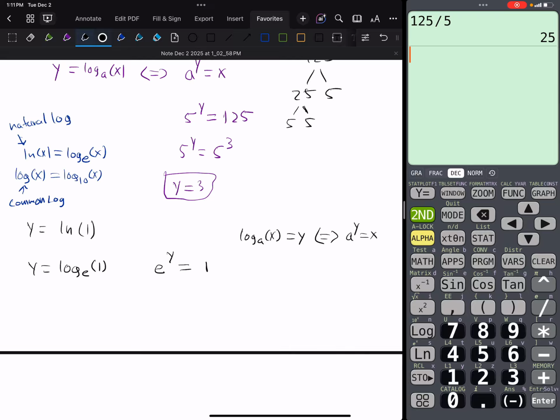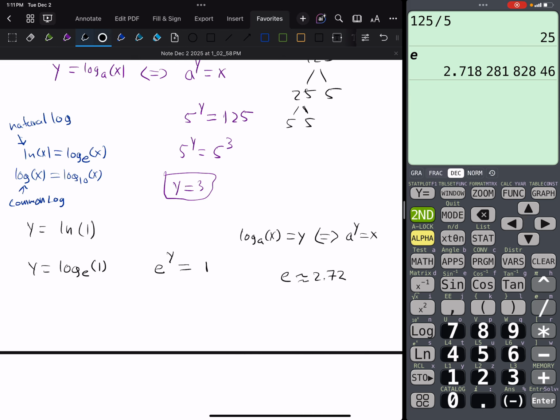Remember, e is a number, approximately 2.71. If I hit second and then e, I can find out what that value is. Oh, 2.72. I forgot rounding. Rounding is important. Approximately 2.72.